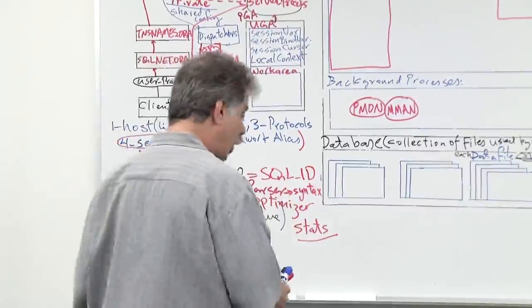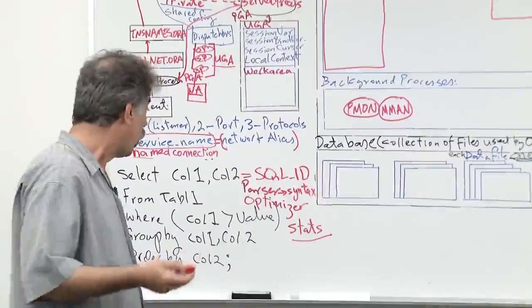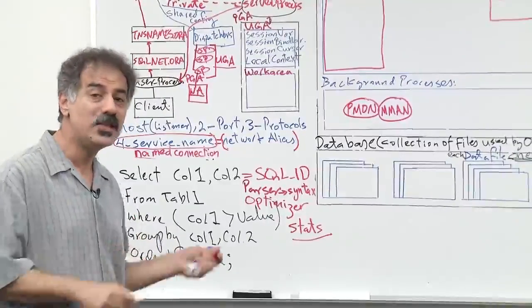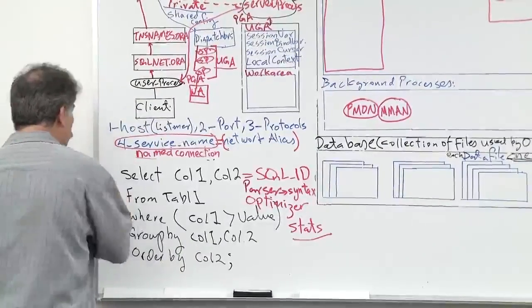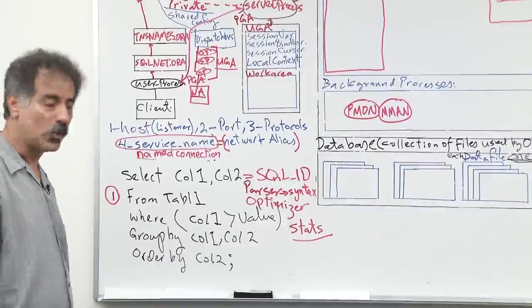So how do I go get statistics? And as part of getting the stats, we also want to validate that the user has privilege to execute the statement. Therefore, the first thing that needs to be parsed would be the table, okay?